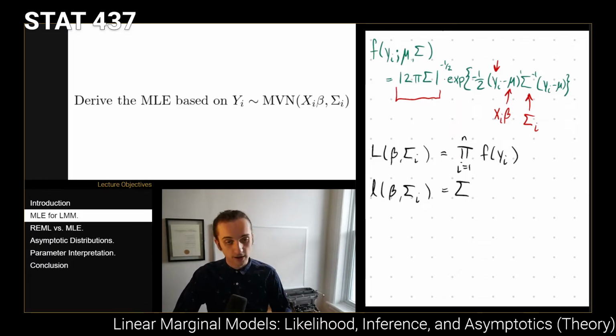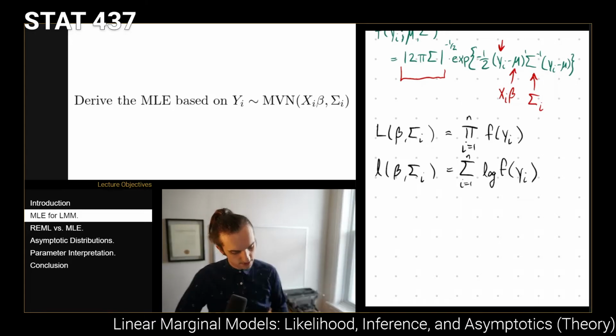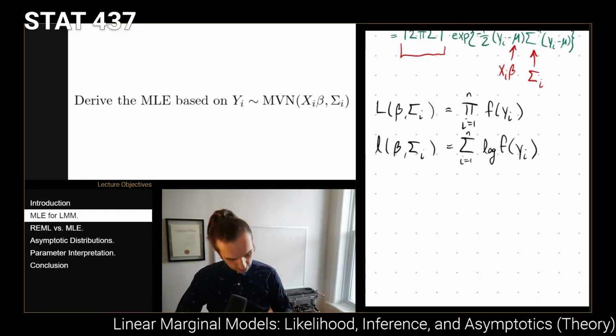When you take the log of a product, it becomes a sum, so that becomes the sum from i equals 1 to n of the log of f of yi. If we then want to write out the score function, in general, the score function of some parameters is given by the partial derivative of the log likelihood function.